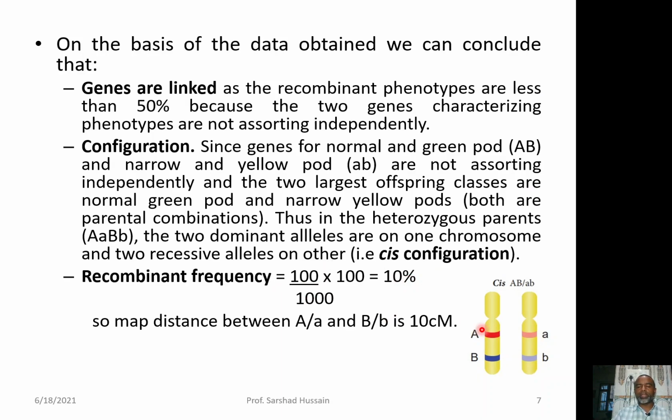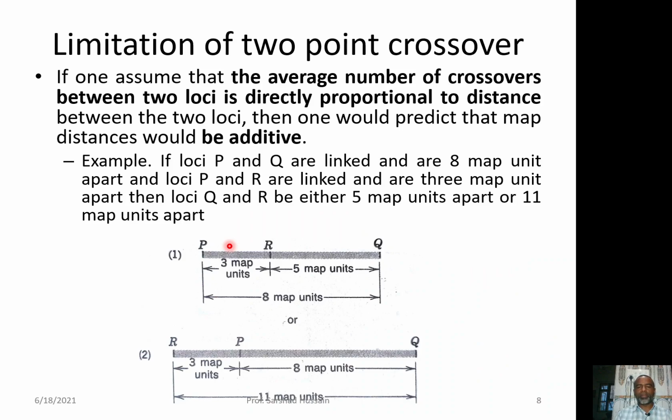So, you can say that A and B are present 10 centimorgan apart from one another. This is how, while looking at the 2-point cross, you are able to determine the linkage group, the configuration of the genes present on the chromosome, and the recombinant frequency as well. But there are some limitations of the 2-point cross as well.